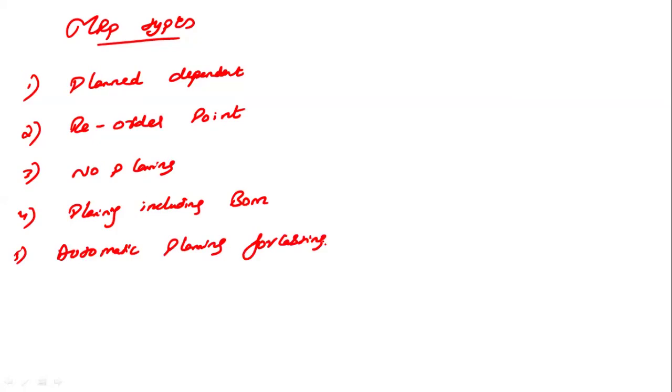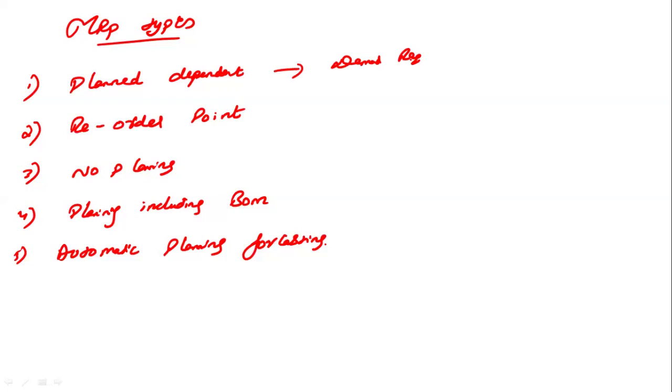So PD is nothing but the demand requirement. What happens in this demand requirement? We are going to give the demand to the system. The system is not calculating anything. It is not going to check the current stock. It is not going to check open orders, anything. We are directly giving the requirement to the system.